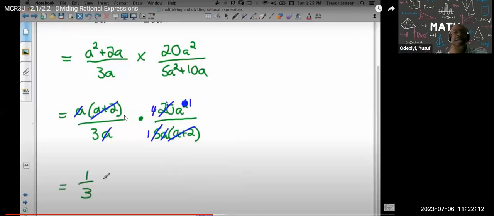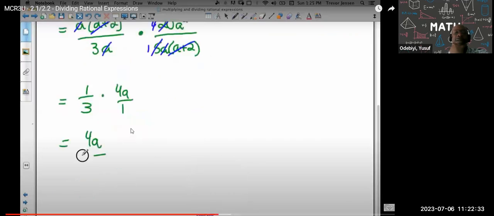So I'm just left with over here 1 divided by 3, because everything got canceled out. And on this side, it's going to be 4a. That's it. So times 4a. Right? And therefore, it's going to be 4a over 3.